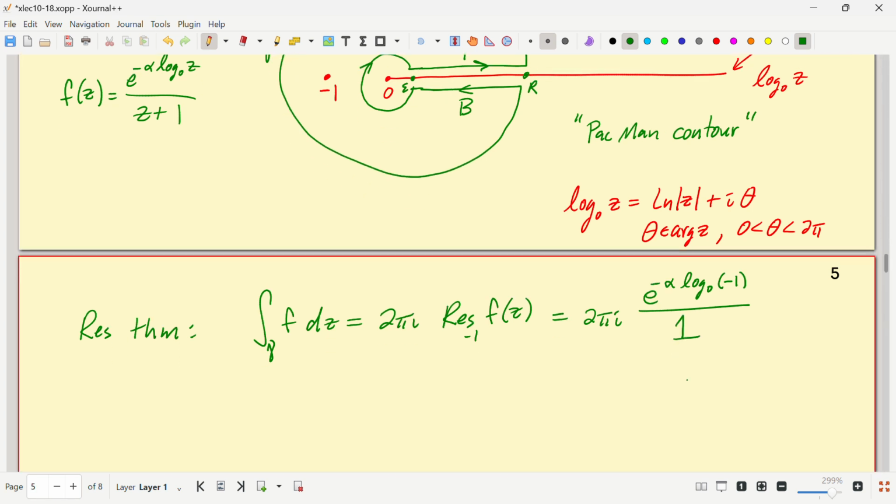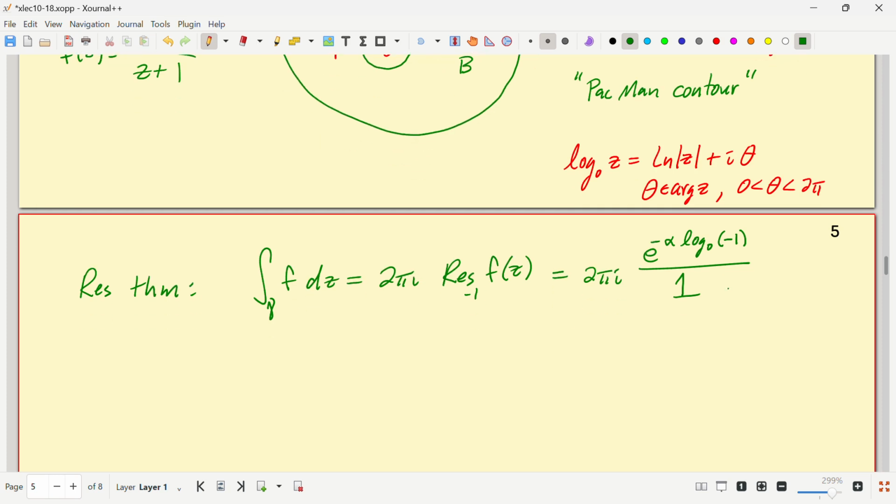I'm using that theorem I dwelled on last hour: if you have a quotient, you take the derivative at the bottom and the value at the top. So what is this 1 coming from?